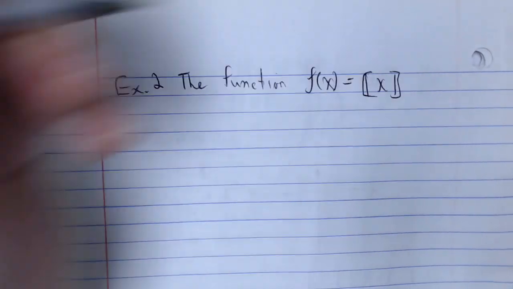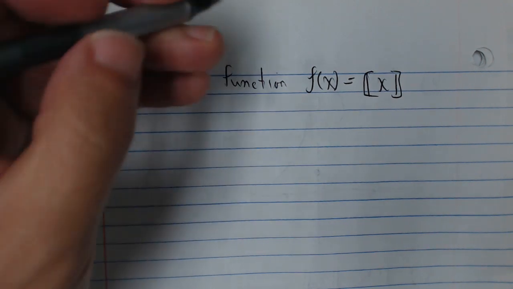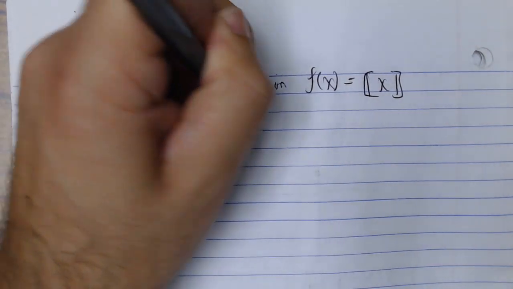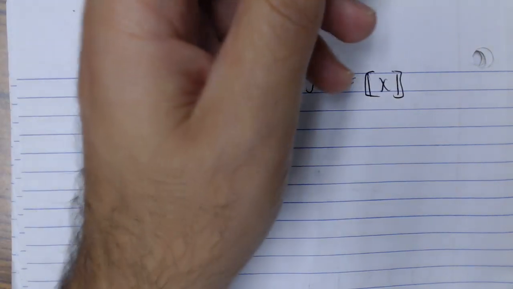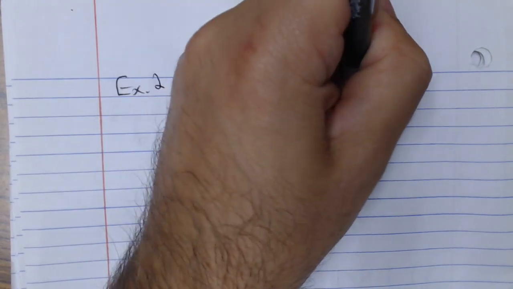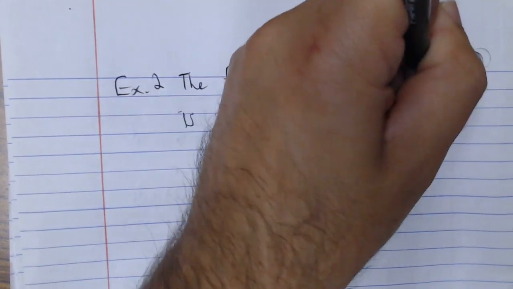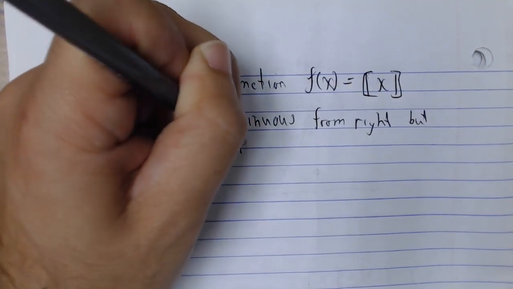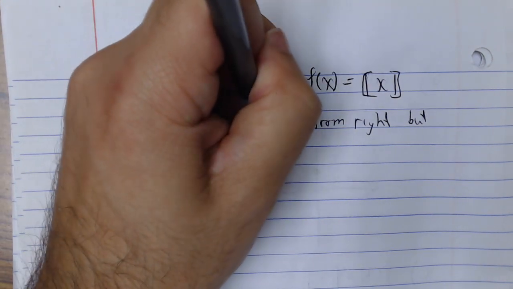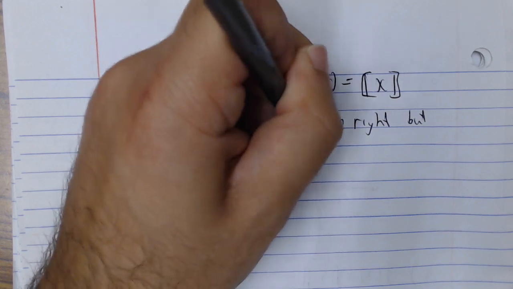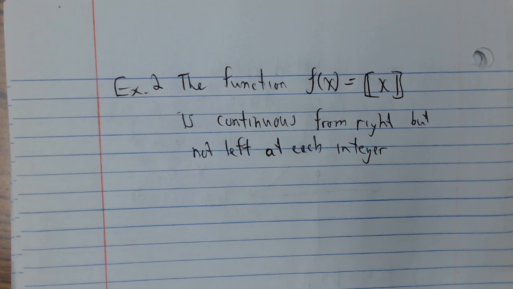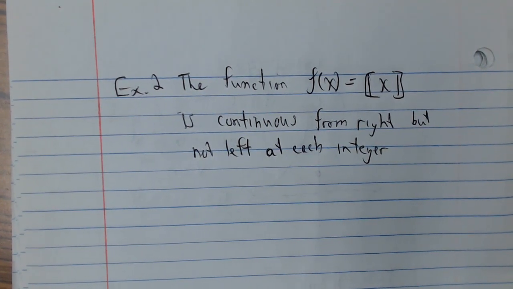For example 2, the function f of x equals the greatest integer of x is continuous from the right but not left at each integer. We know that the discontinuities occur at each integer, but if we're specific, here's what we could say.